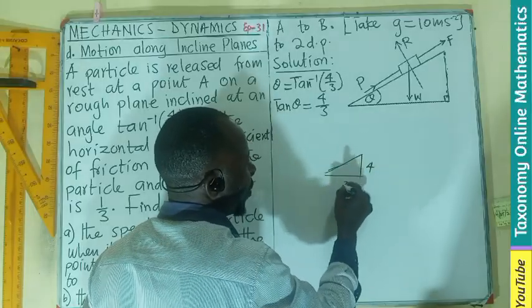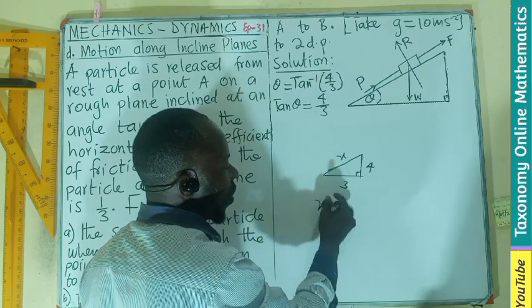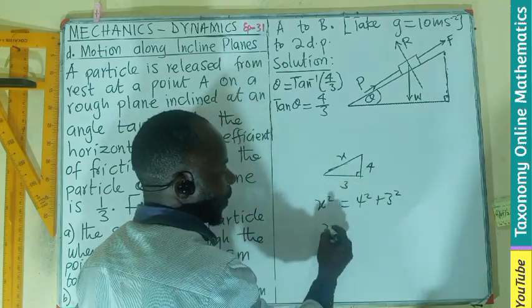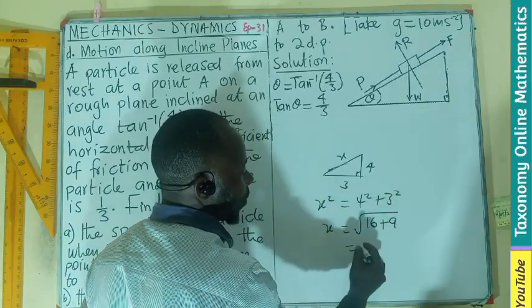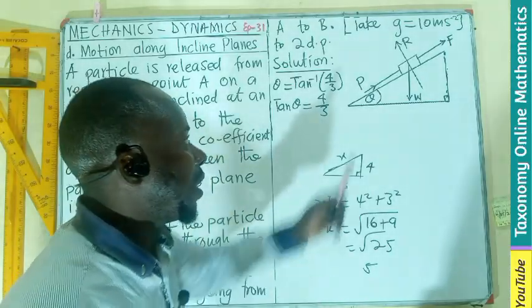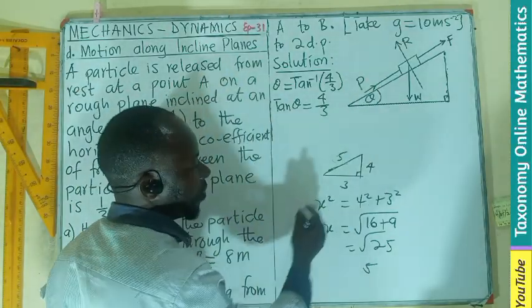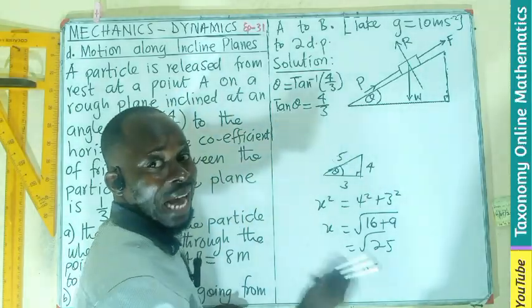If you have this being 4 and 3, and this being x, we can use x squared equals 4 squared plus 3 squared. That means the root of 16 plus 9, the root of 25, making it 5. So this here is going to be 5. The angle theta will be here, and I need the sine of that angle.